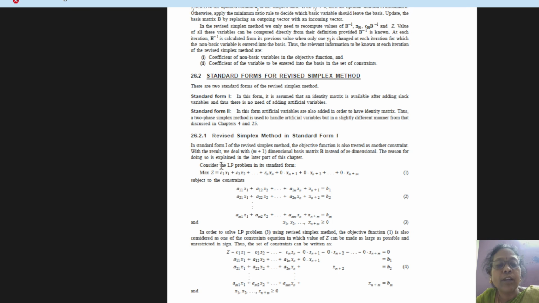In this canonical form, we want to make it into a standard form. But in revised simplex, we include the objective function as one of the constraints.